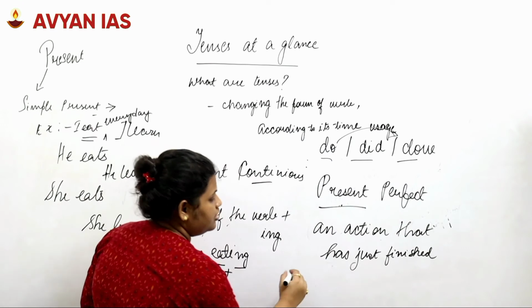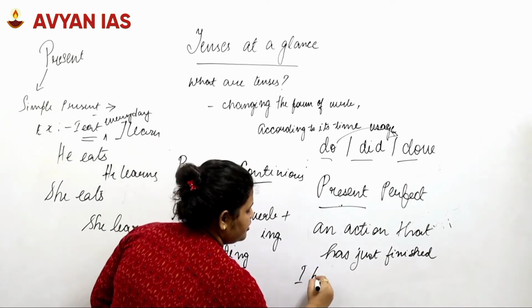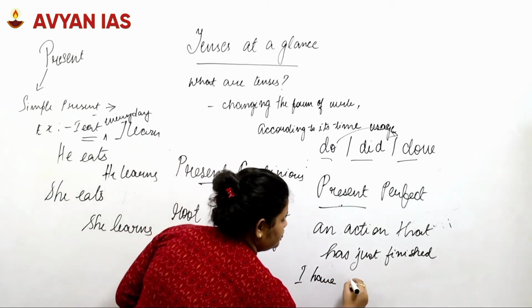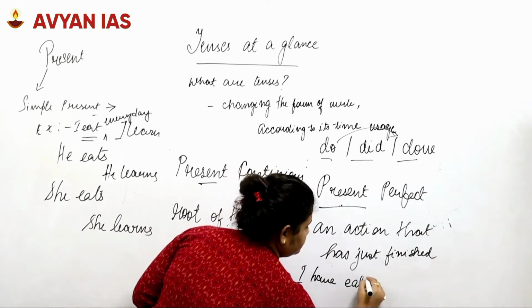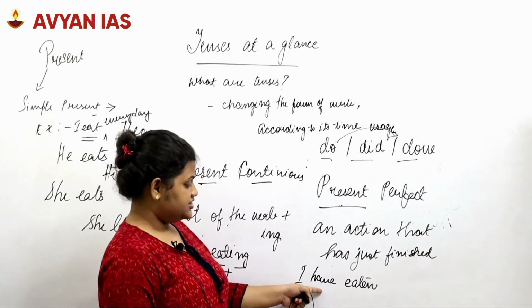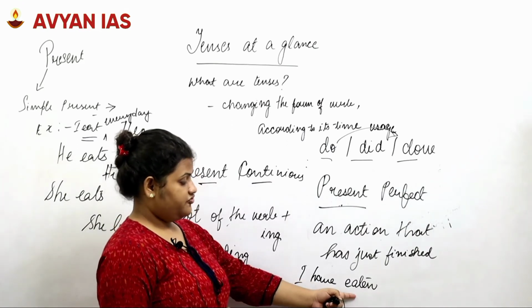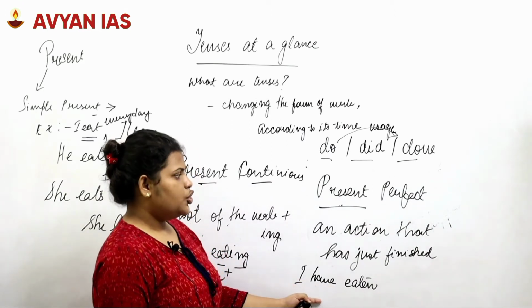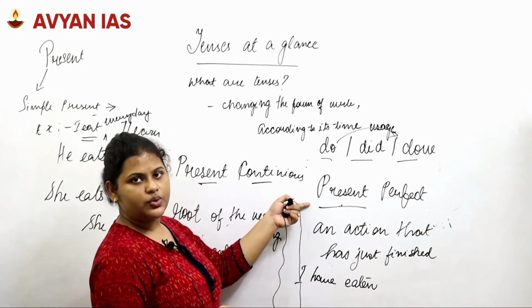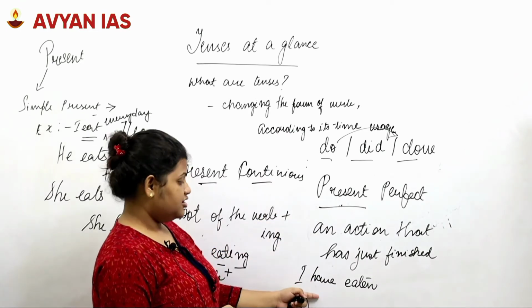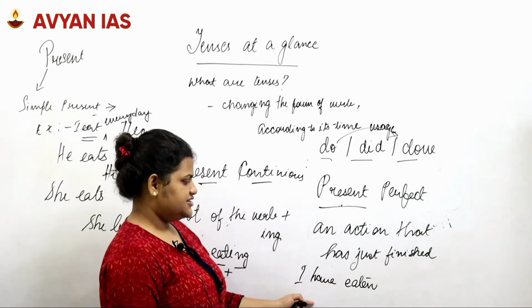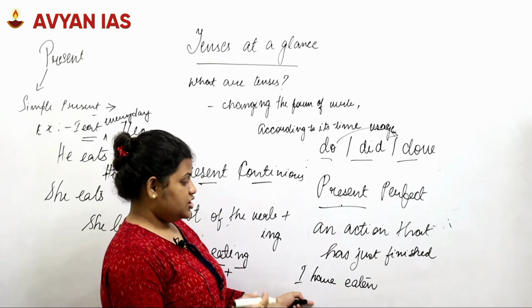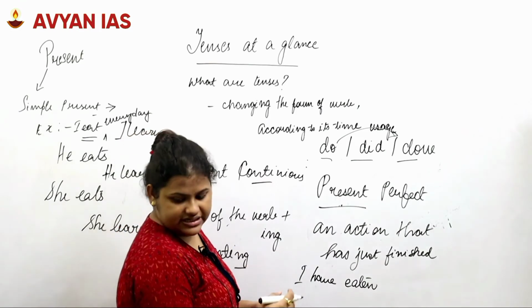For example, I have eaten. When you say I have eaten, it means you have just finished eating a while ago. The time lapse between when you are saying that you have eaten and when you have actually finished eating is very less. It is an action which has just been terminated.